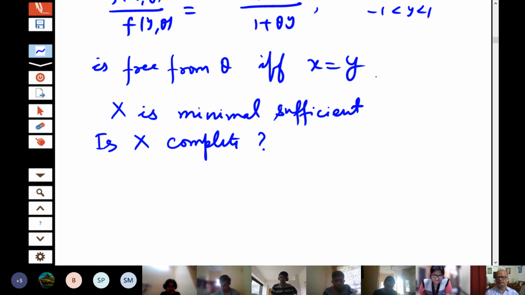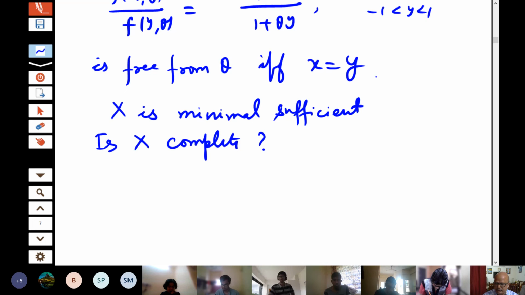So what is the proof? If we take any gx and we integrate within the limits, the probability of gx equal to 0 is 1. You are getting integral -1 to 1 gx into 1 plus theta x dx is equal to 0, isn't it? That is what you are saying. It is true for all theta. Then this should imply that gx is equal to 0.